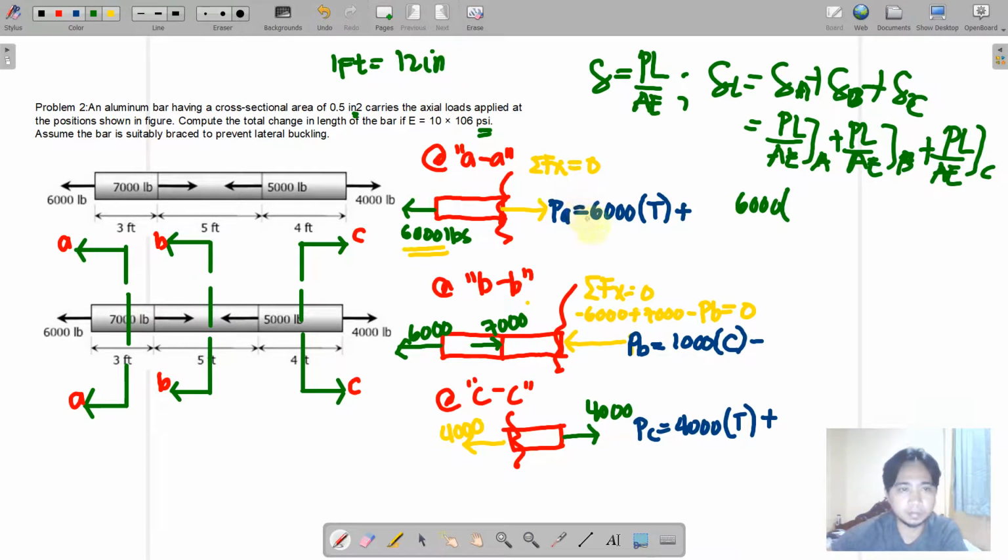So if we have 3 feet here, it should be multiplied by the conversion factor of 12. Then perhaps we can merge all of the denominators into a single AE.